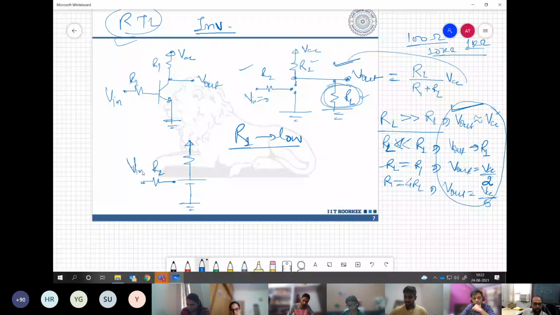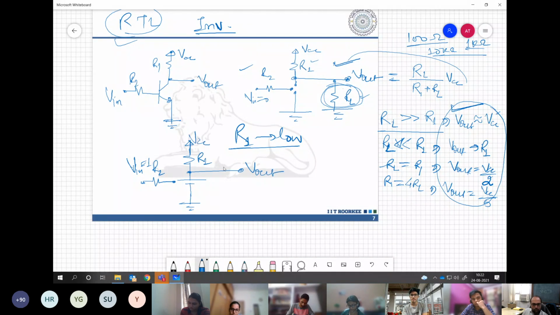So here you are giving Vin equal to 1 and you are trying to take this Vout. Now what will happen to this collector current IC? Your IC is very close to VCC by R1.